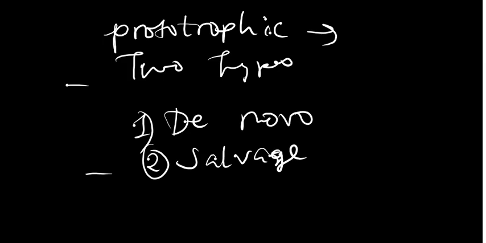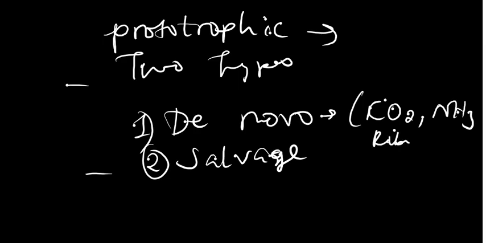Under the de novo synthesis, the synthesis of these nucleotides begins with the metabolic precursors. This is to say that it starts with the raw fresh materials, the ones that are used to make these. For instance, we have carbon dioxide, ammonia, ribose 5-phosphate, and so on and so forth.